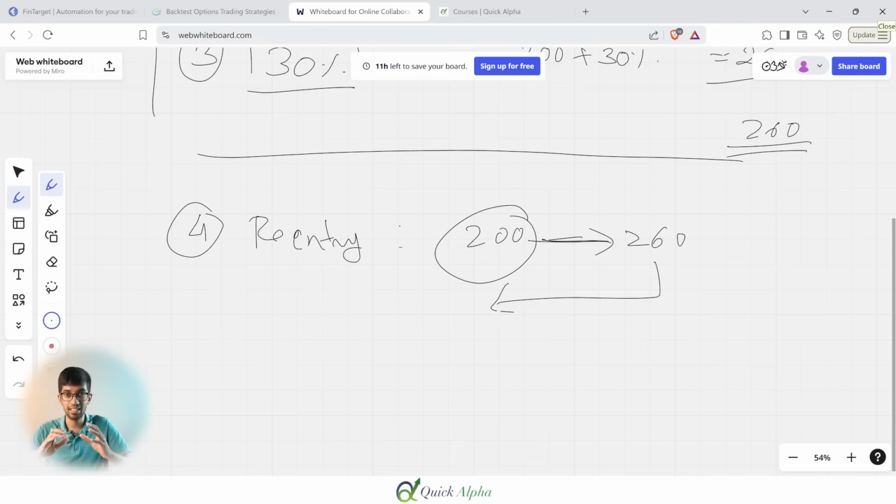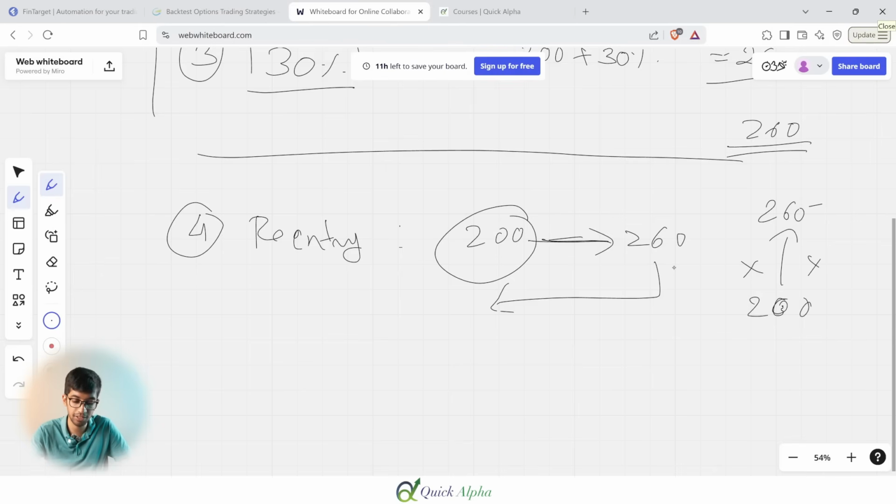Let me break it down again in case you are a first timer trying to understand re-entry. You have entered at a particular price, it hits your stop loss and comes back down to the same price. You are going to enter it again and keep the same stop loss. Whenever the option is moving from 200 to 260, it is going against your direction, so you want to exit the position.